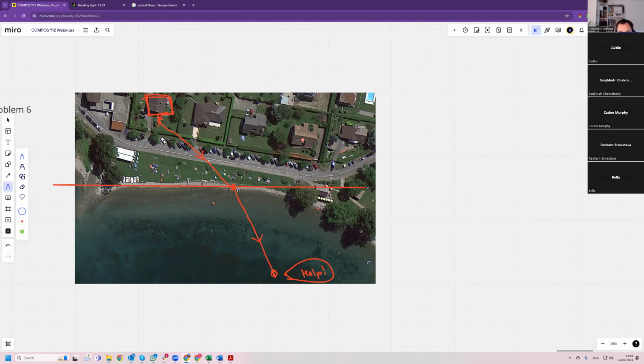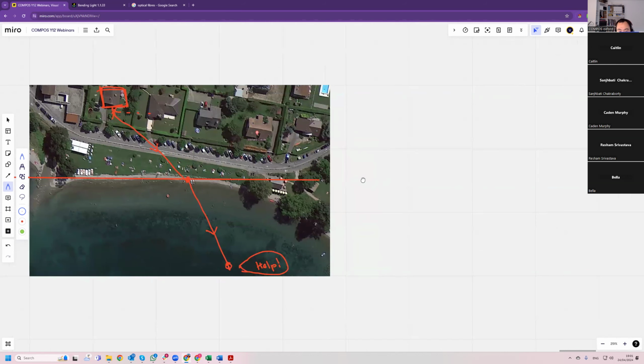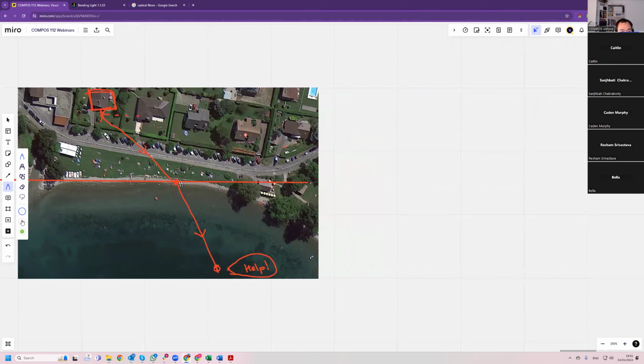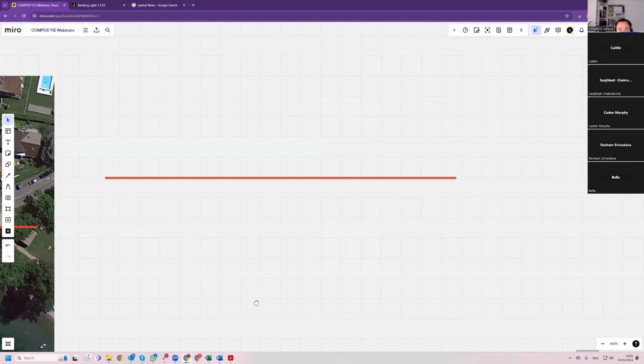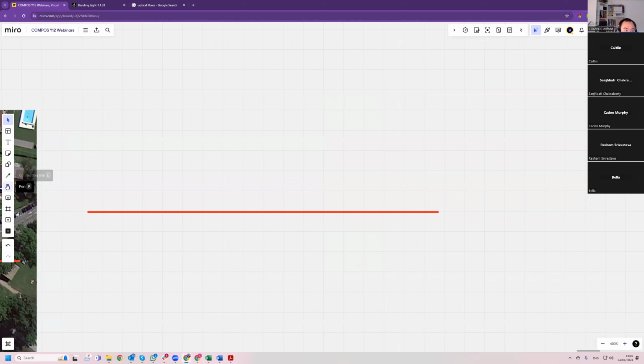So let's do some geometry. Let me make another sketch. This is the borderline, and this is you. This is your house, and this is the person in distress.